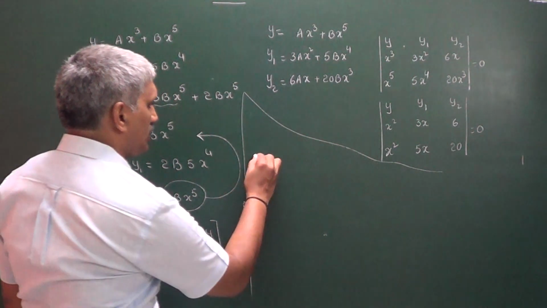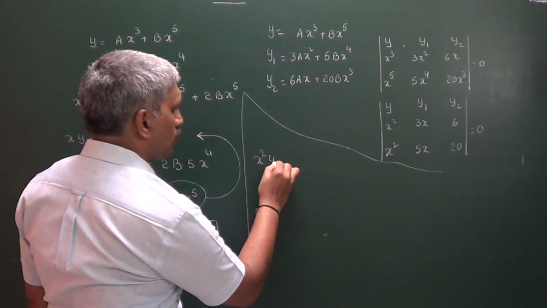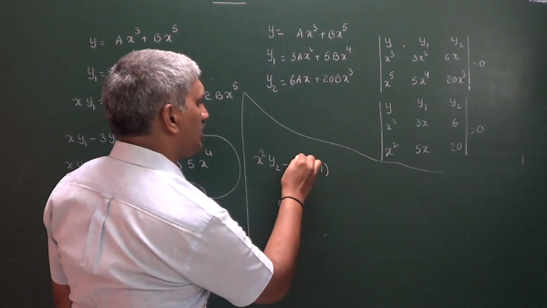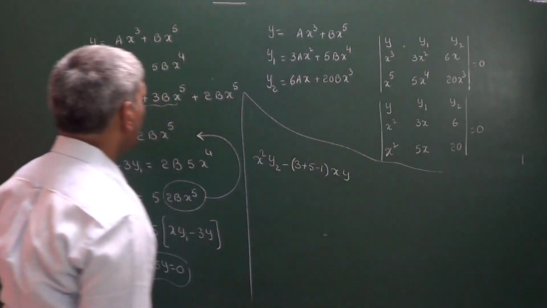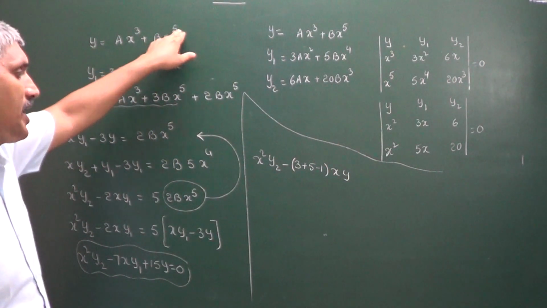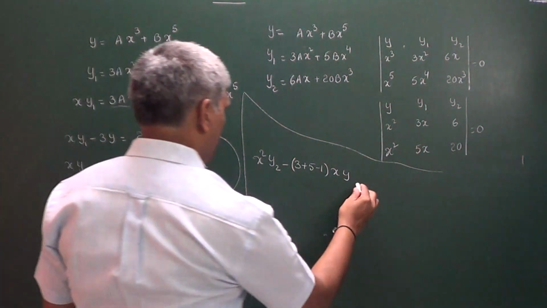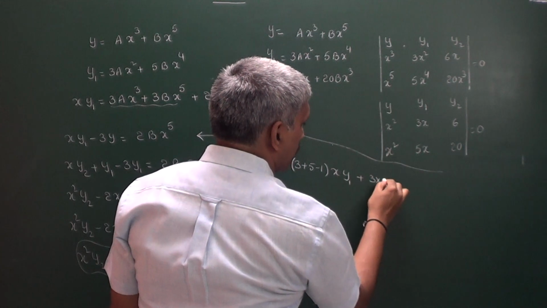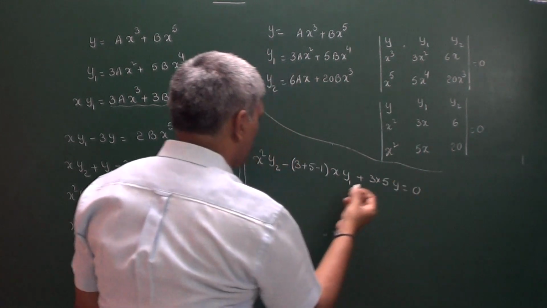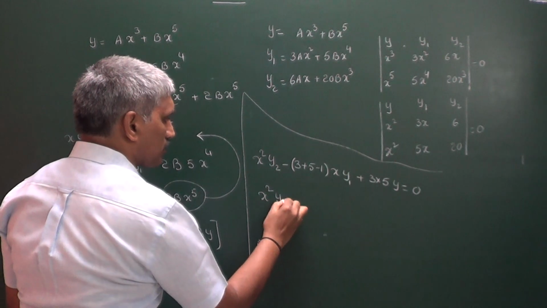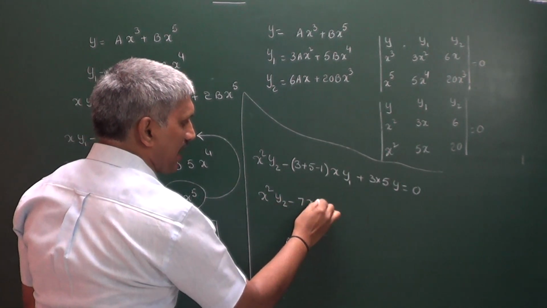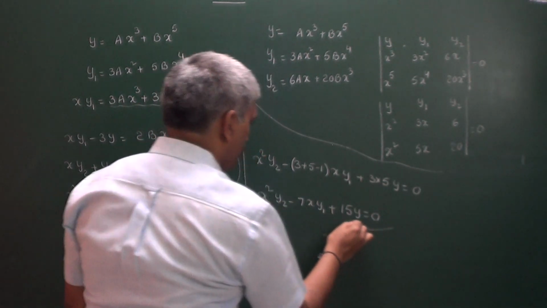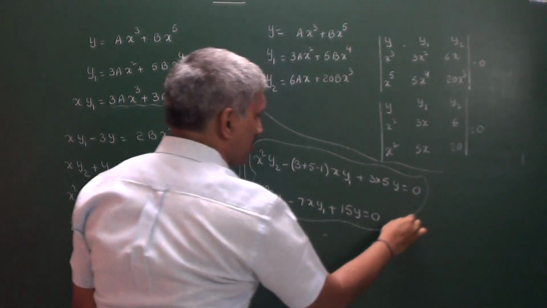We can write directly the answer as x square into y2 minus 3 plus 5 minus 1 into x y1, and these two powers multiplication, that is 3 into 5 into y is equal to 0. Therefore we got x square y2 minus 7 times x y1 plus 15y is equal to 0. This is the technique directly we can write.